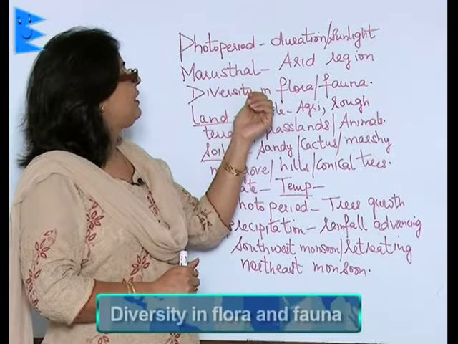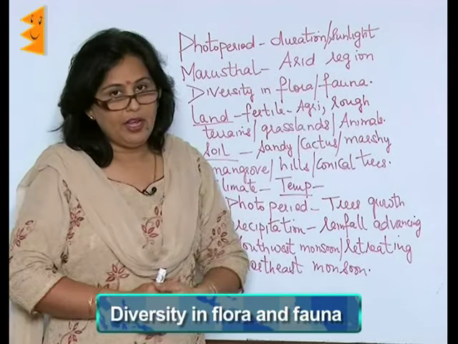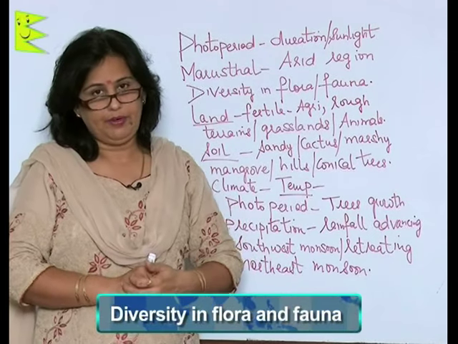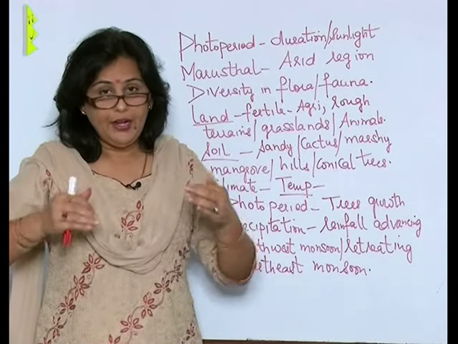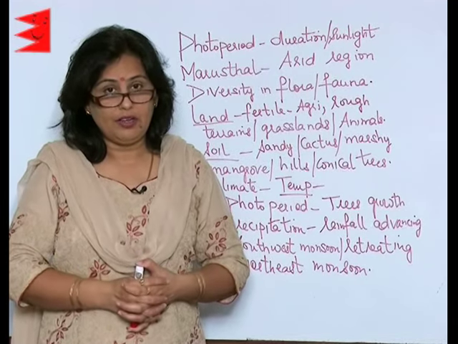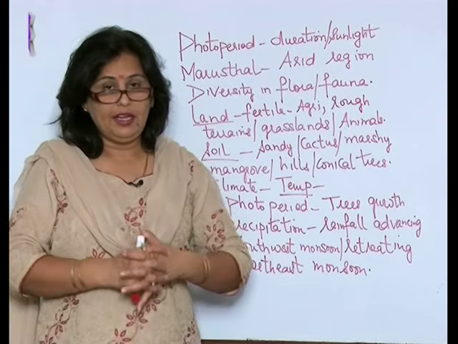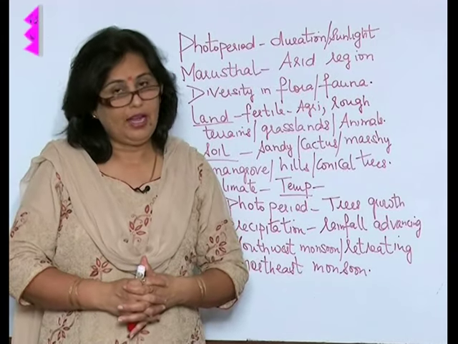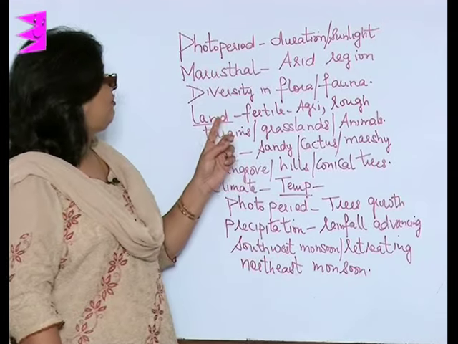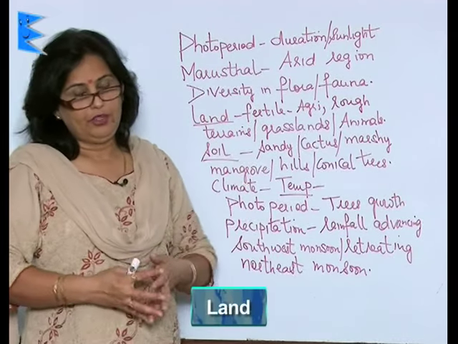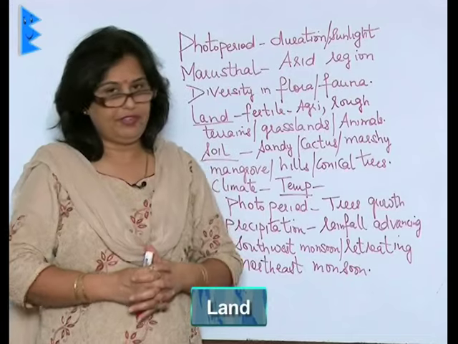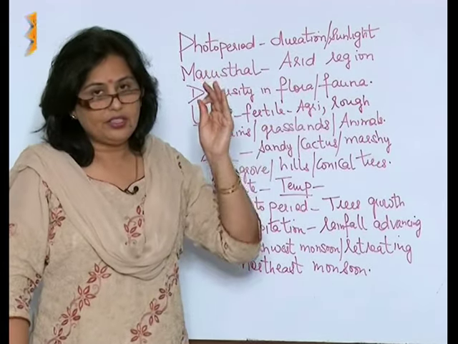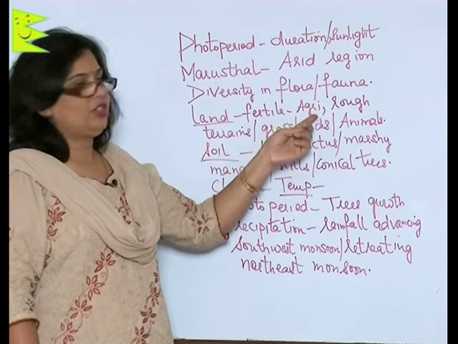Next is diversity in flora and fauna, that we are going to actually find out why does it happen. So, why do we find such a great diversity in the flora and fauna of India? And the reasons are, first of all, the land. Of course, land makes all the difference. Supposing it is a fertile land, it is just suitable for agriculture.